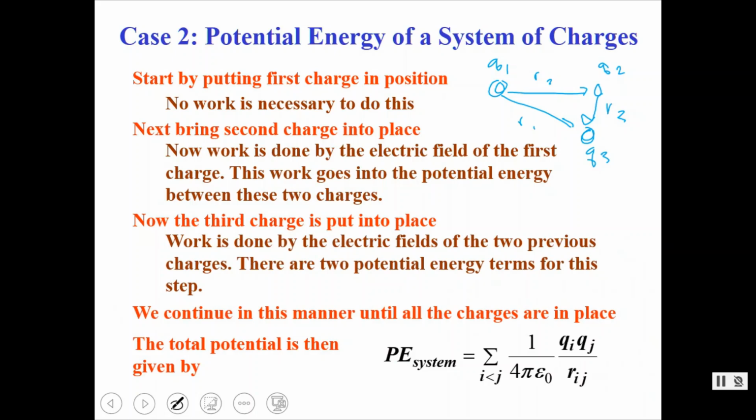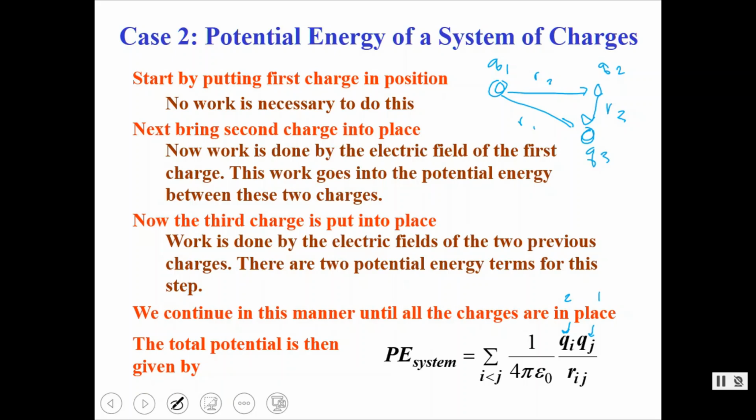You'd actually end up having to index each of the charges in this formula, because you'd first have to look at charge Q1, but there'd be no other charges, so you don't have to worry about that. So when I is 1, there is no J. Then you want to look at the second charge, so then I becomes 2, and then J becomes 1.